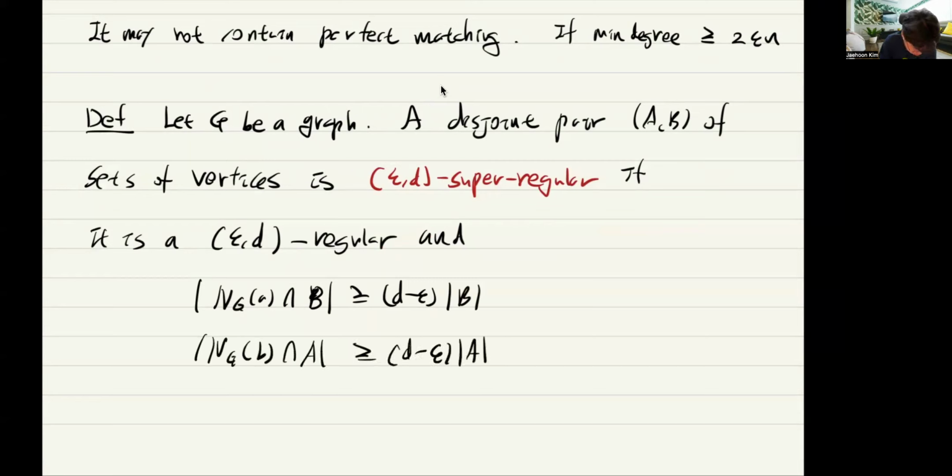So for a vertex a in A and b in B, the vertex a has minimum degree at least (d minus epsilon) times the size of B, and b has a number of neighbors at least (d minus epsilon) times the size of A.